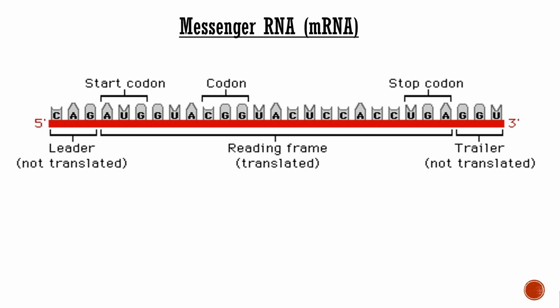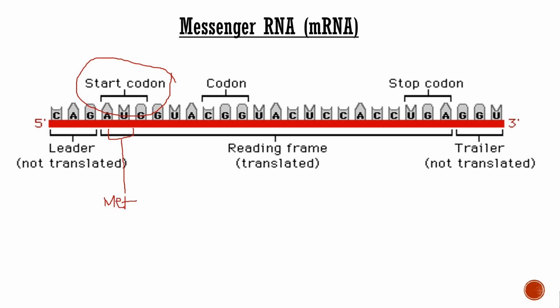So you will see here in our slide, we have what you call the start codon, which is usually AUG, and this codes for the amino acid methionine.